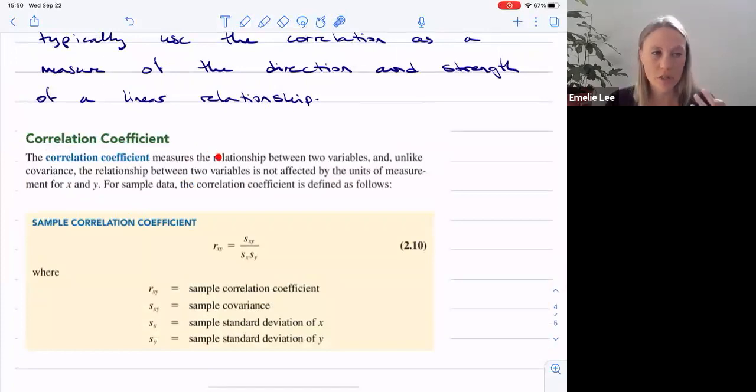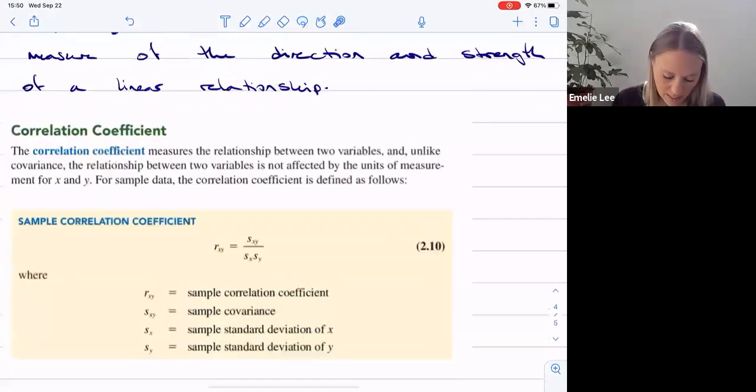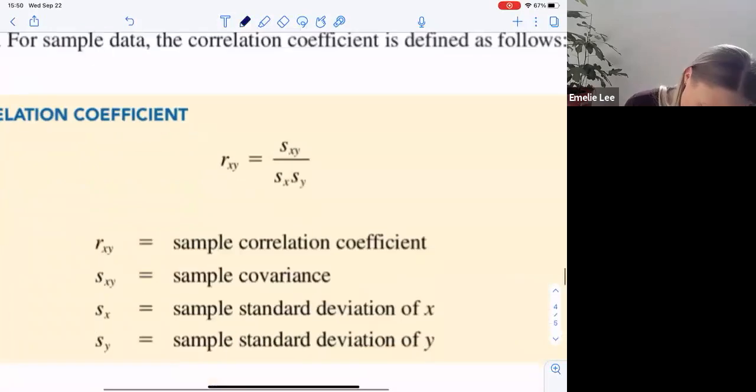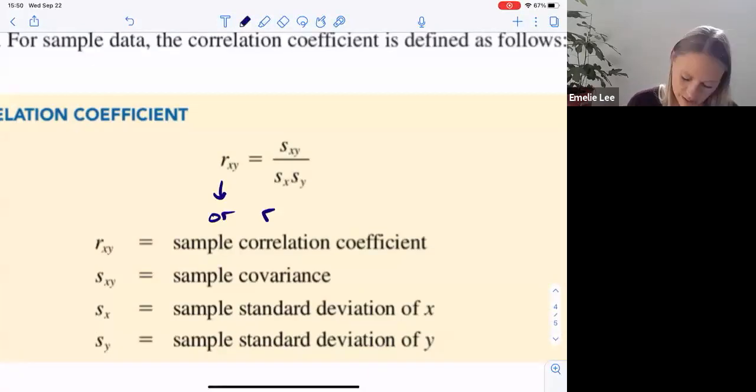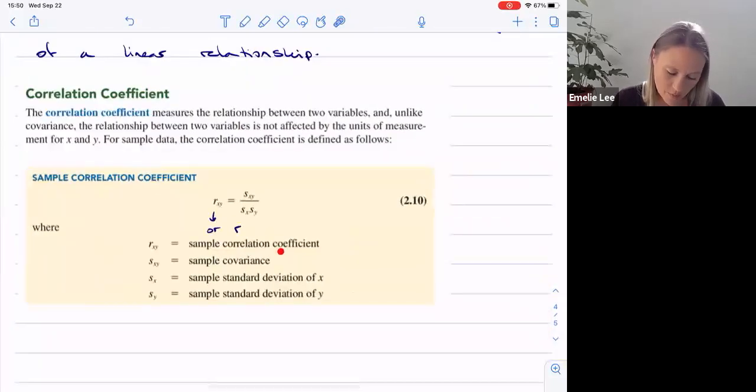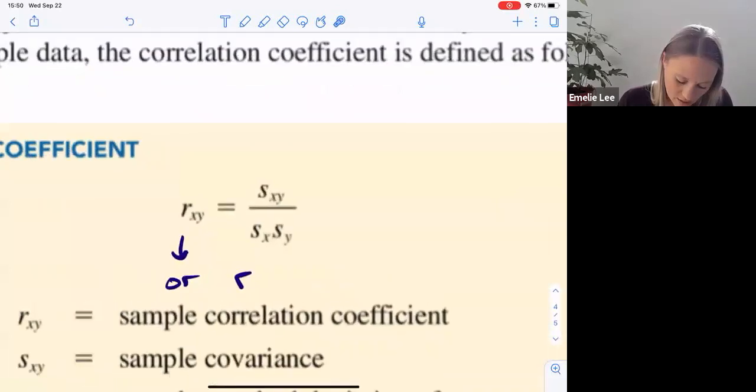The correlation coefficient is denoted by a lowercase r, and usually we don't use the subscript xy. R is the sample correlation coefficient. C was probably taken for something else already. They didn't have all of math and stats mapped out, so they ended up using weird variables sometimes. But R is the correlation.